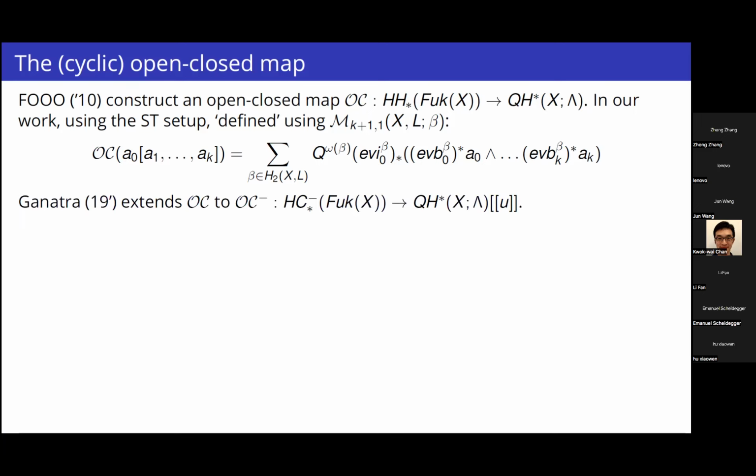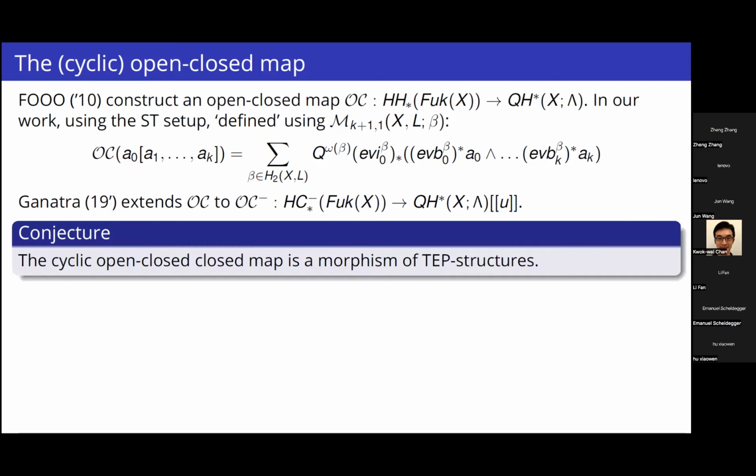So this allows you to define a map from Hochschild chains on the Fukaya category to the cohomology of X. And what Ganatra does in 2019 is that he extends the definition of the open-closed map to a cyclic open-closed map. So that maps the negative cyclic homology of the Fukaya category to the quantum TEP structure. And a reasonable conjecture to make is that the cyclic open-closed map is indeed a morphism of TEP structures.